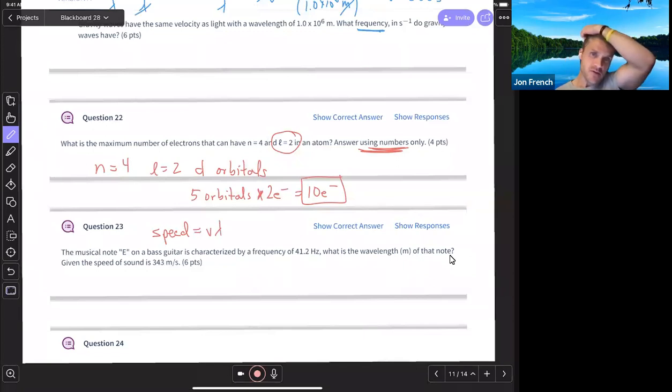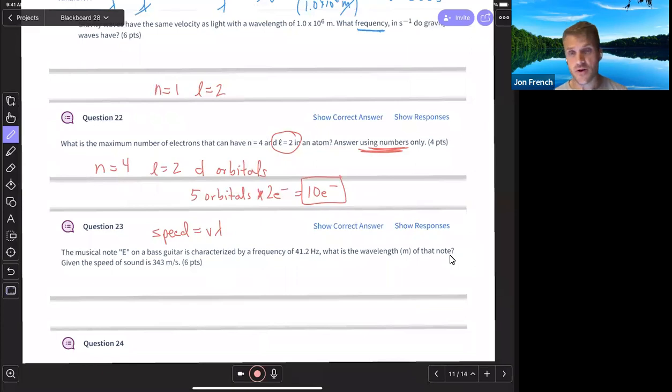And let me just jump back to question 22 real quick, because I was thinking the same thing, Sam. I kind of glossed over that, but you're right. The fact that n equals 4 is important. If I said n equals 1 and L equals 2, what would the answer be to that question?